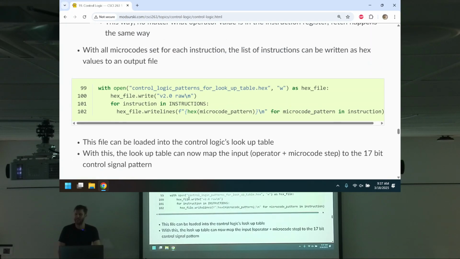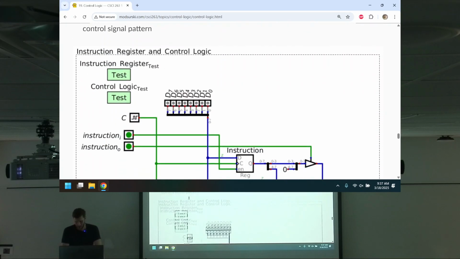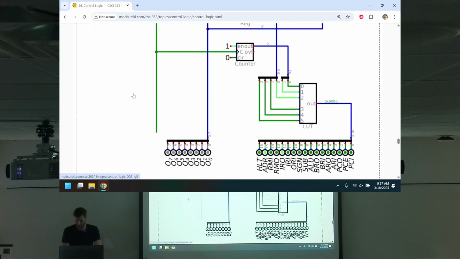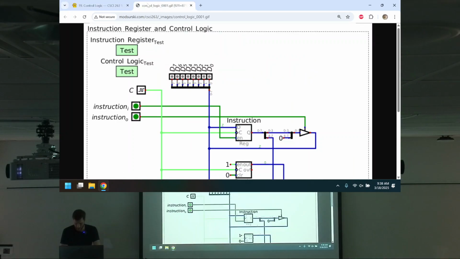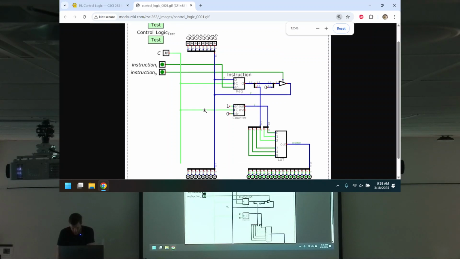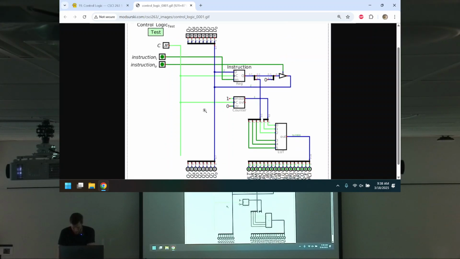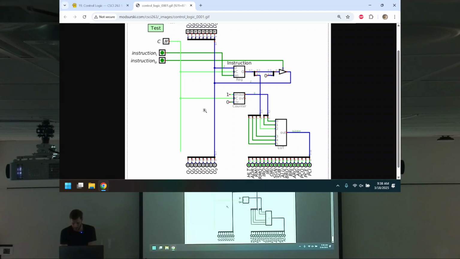And then in the end, we save this to a file, and we would get something that looks like this. And here I've got a fancy GIF. Zoom out. And we can see I'm doing load A, step 0. That's the bit pattern. That's the bit pattern. That's the bit pattern. That's the bit pattern.